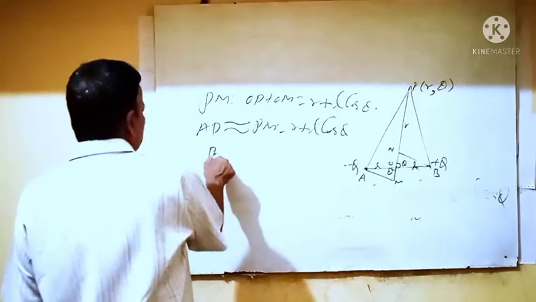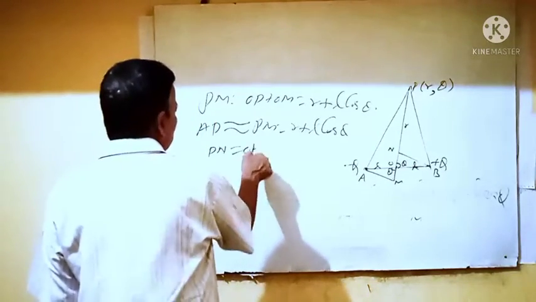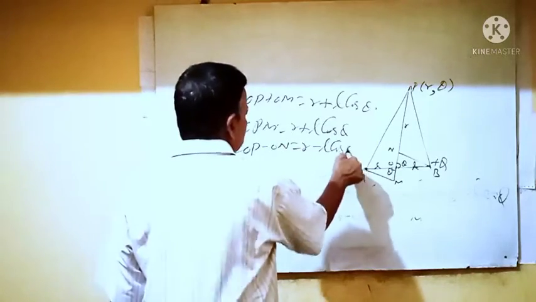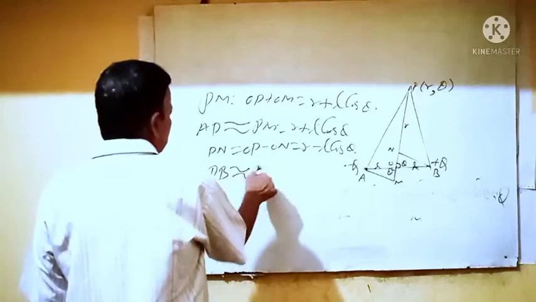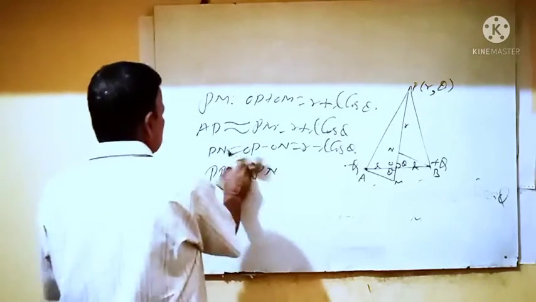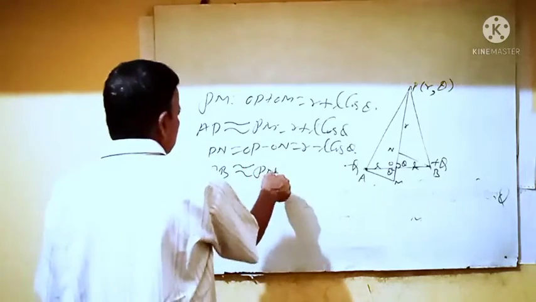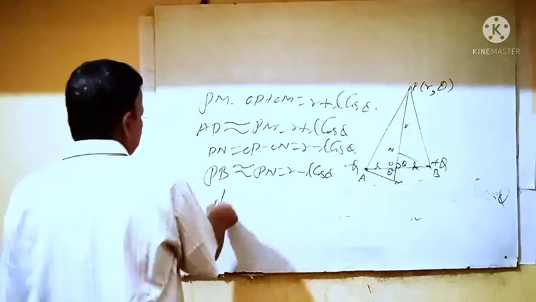PN is equal to OP minus ON, which is r minus l cos theta, and PB is approximately equal to PN, which is r minus l cos theta.